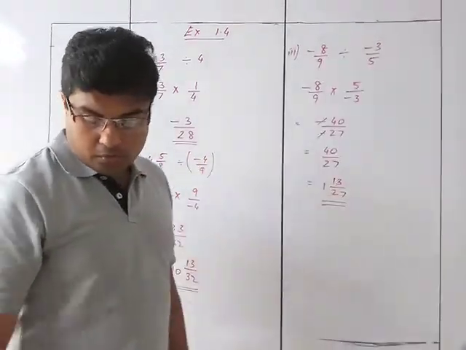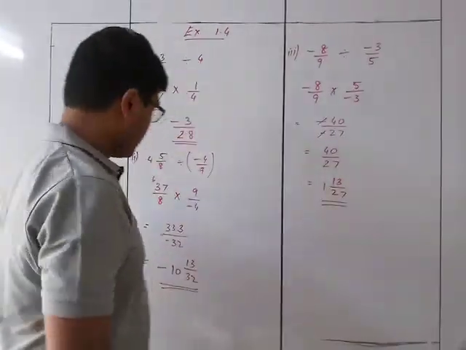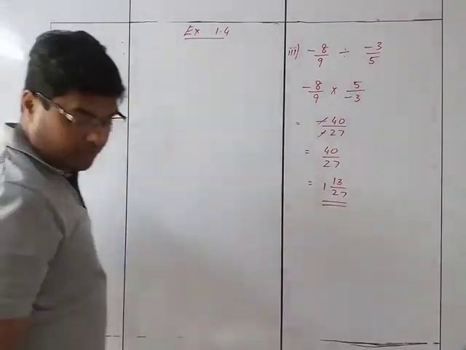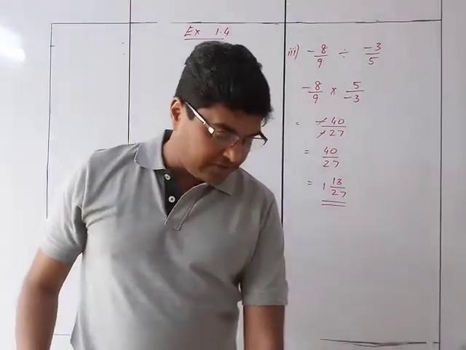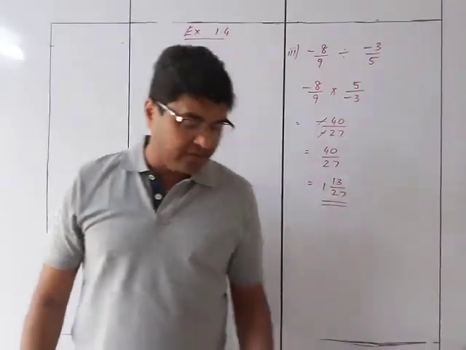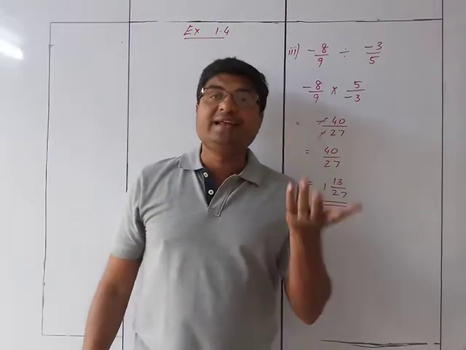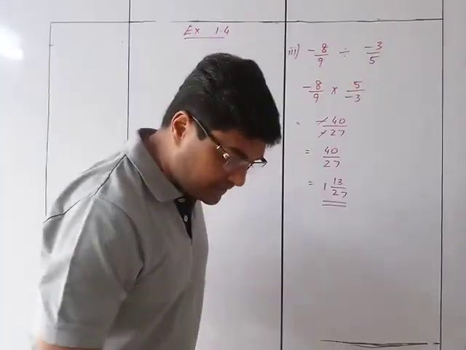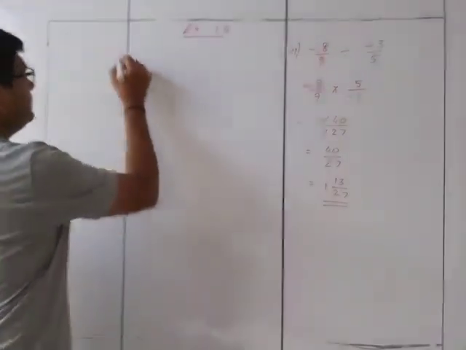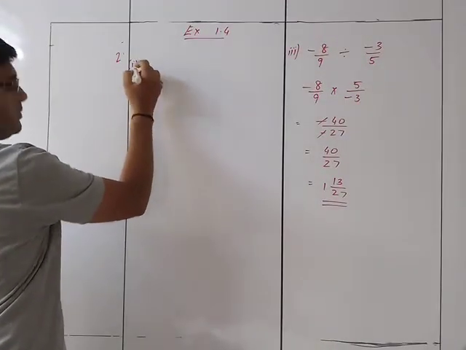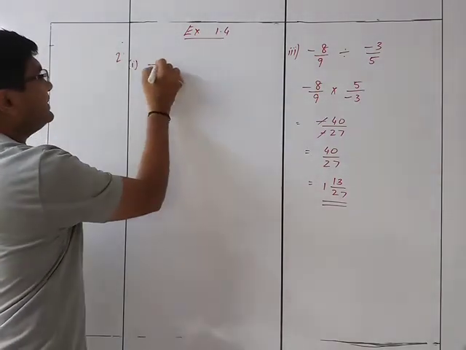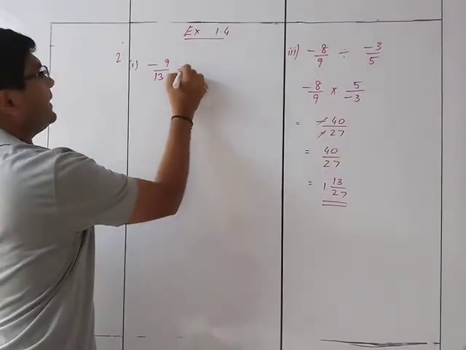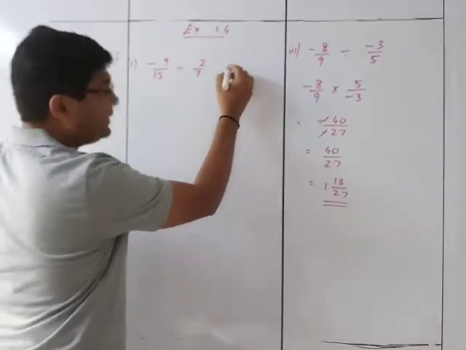Now we move on to question number 2. Question number 2 states: state whether the following statement is true or false. So basically you are just going to find out whether the LHS is equal to the RHS or not. The first question is minus 9 upon 13 divided by 2 upon 7 is rational.